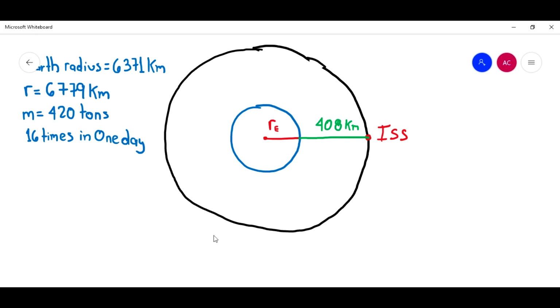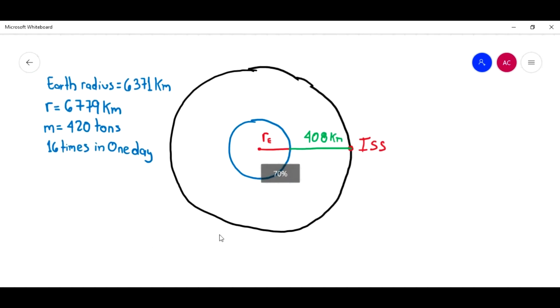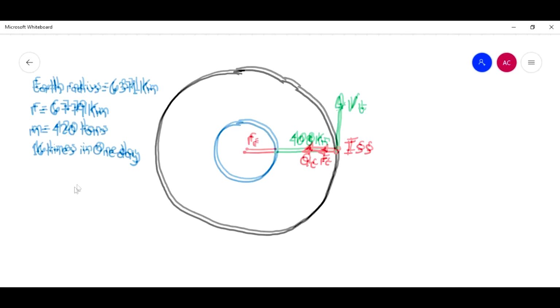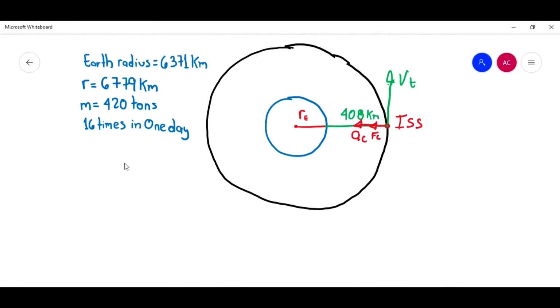Remember that we are going to have a tangential velocity of the International Space Station, and also a centripetal acceleration that points to the center, and also a centripetal force. Considering this data, I can begin finding all these things. So let's say that I'm going to find first the frequency.